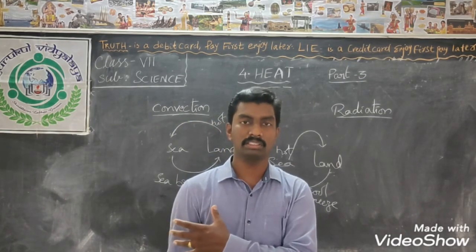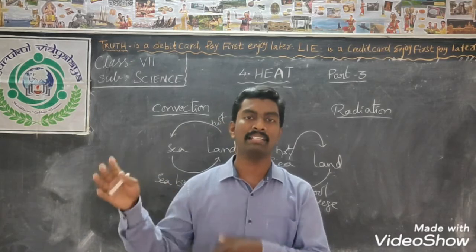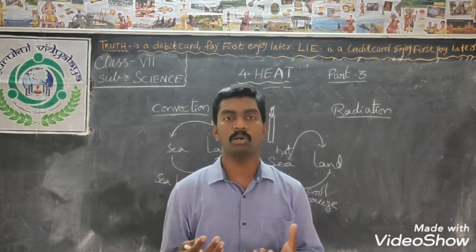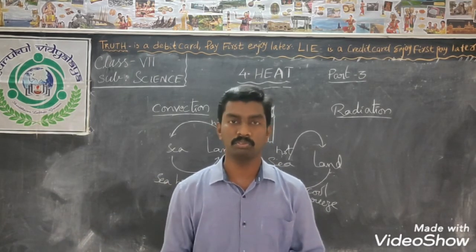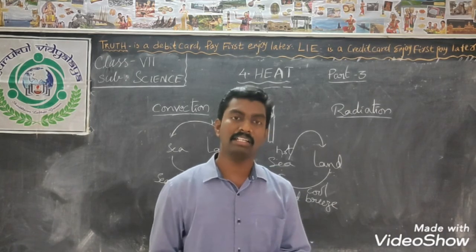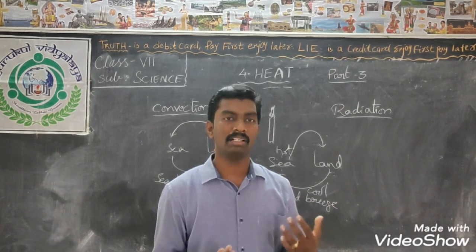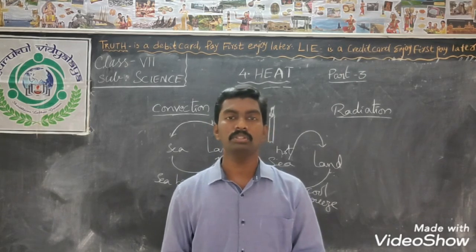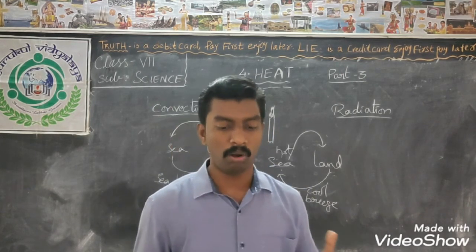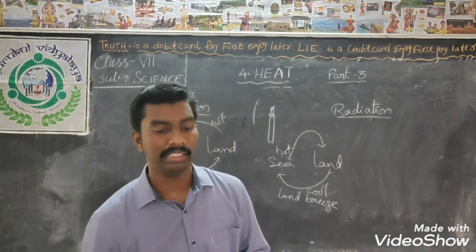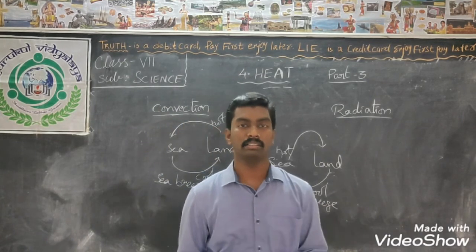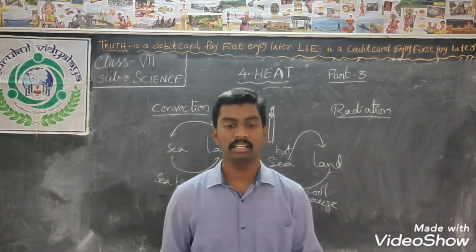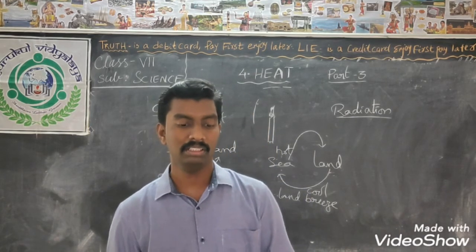So the light colored clothes will reflect back the heat, and it makes our body cool. That much hot we won't feel. But in winter time, we prefer dark and thick clothes. So they make our body warm. We'll feel warm and it is comfortable wearing dark color clothes in the winter and light color clothes in the summer time.